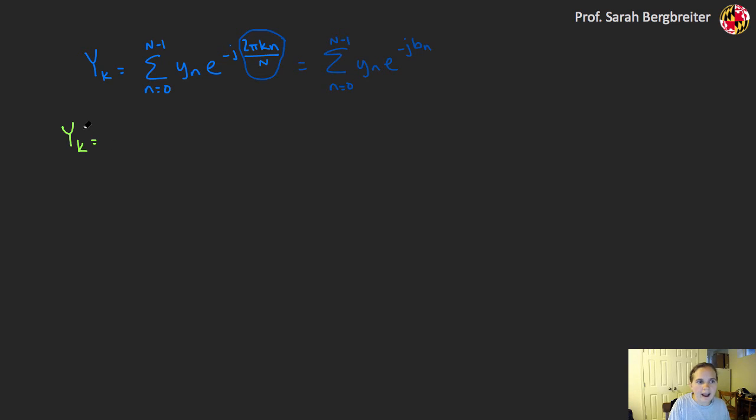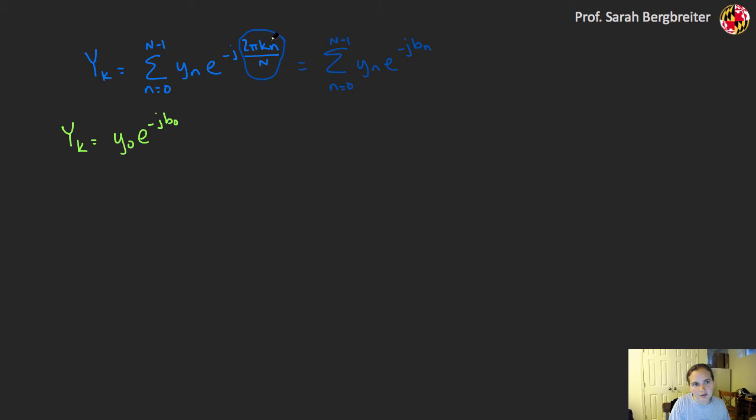And if I write out my y of k, if I expand this sum to get some view of what I'm looking at, whatever my first sample is, the amplitude of that first sample, times e to the minus j b naught, right?